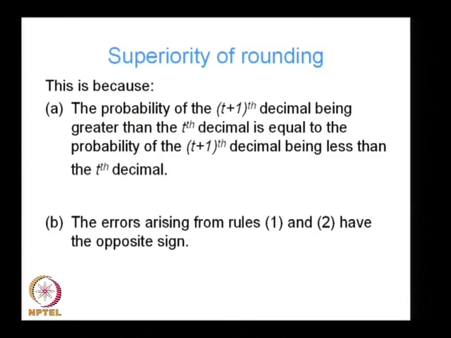This is because the probability of the t plus 1th decimal being greater than the tth decimal is equal to the probability of the t plus 1th decimal being less than the tth decimal. The errors arising from rules 1 and 2 therefore have opposite signs and therefore have a tendency to cancel each other out.